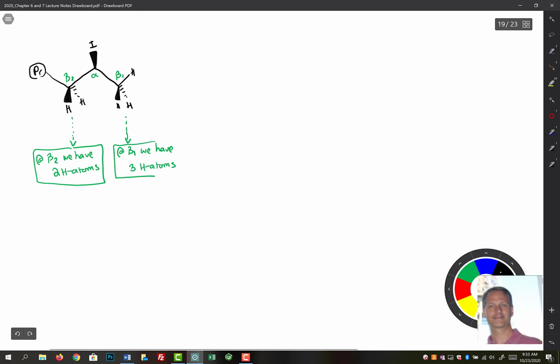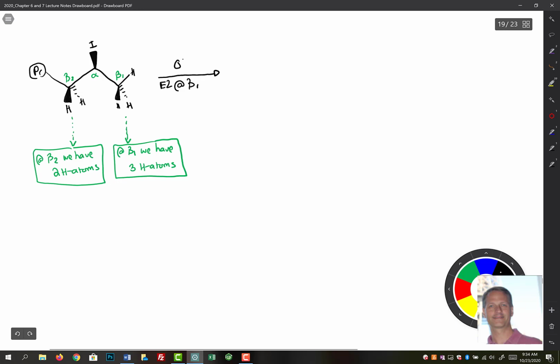All right, so what we're going to look at is really 3 cases. When the beta position has 2 H atoms, 3 H atoms, and then when it has 1 H atom. So let's take a look at the beta 1 position first. We're going to look at the E2 at beta 1.